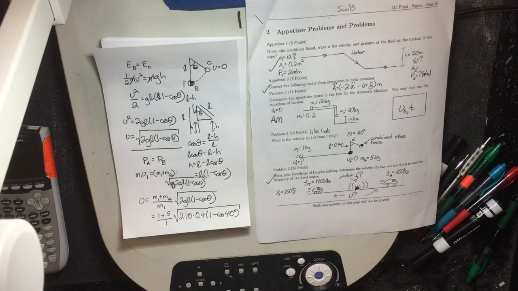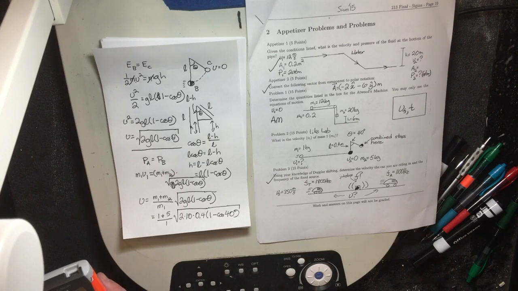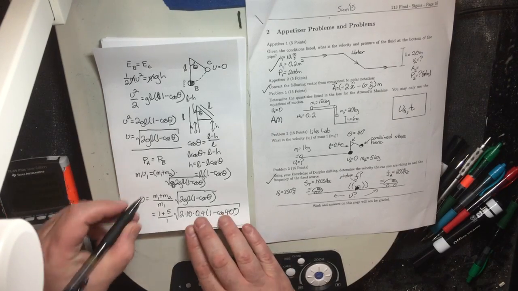And so that's it. 20 times 0.4 times (1 minus cosine 40), square root, times 6, is 8.21.